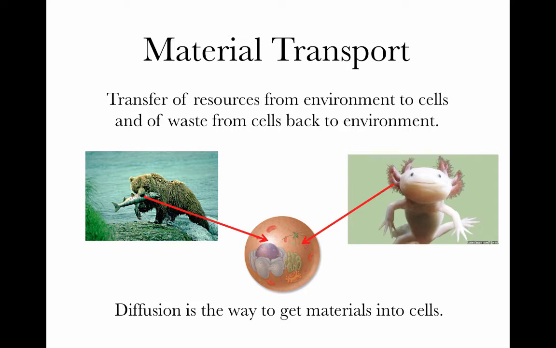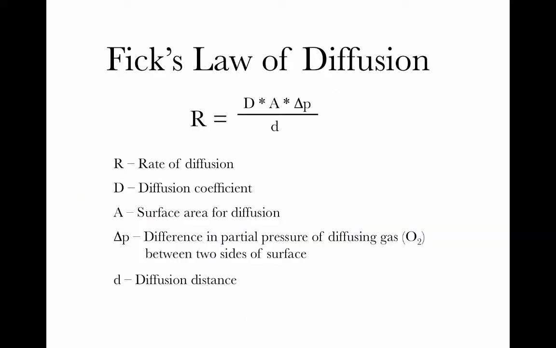So in this web lecture, we're going to focus on the diffusion side of things, and we're going to use Fick's law of diffusion, which is a mathematical description of the rate of diffusion, as a framework to understand the mechanisms for maximizing the material transport in these multicellular, large-bodied vertebrates.